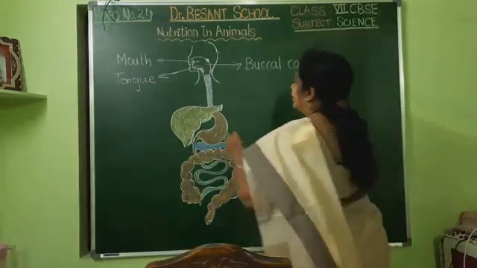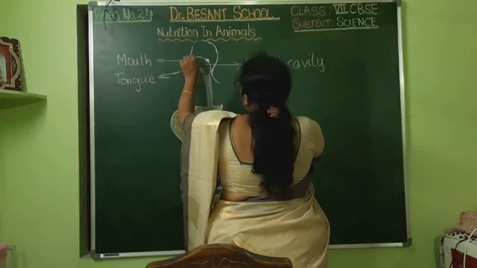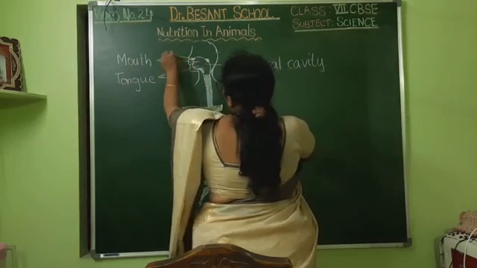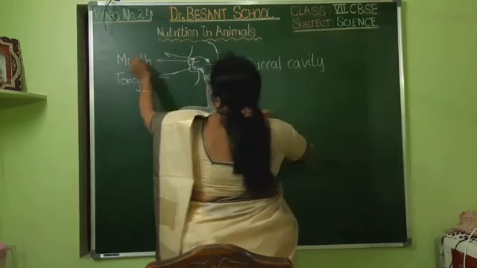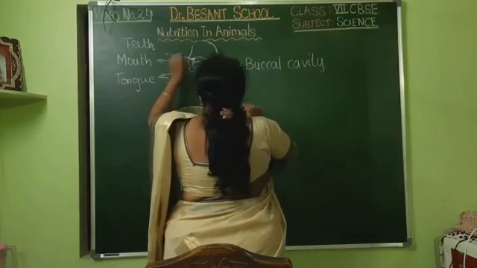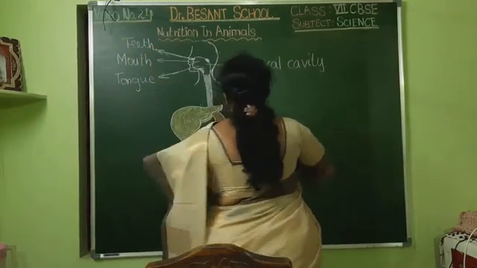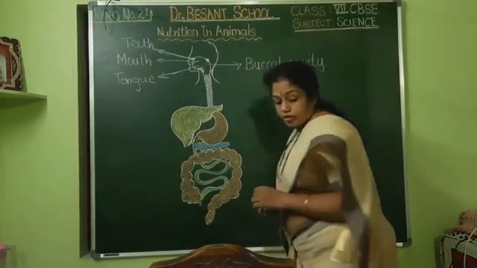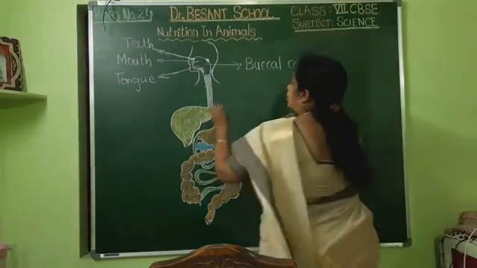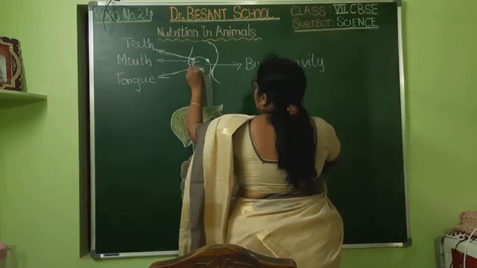Then we'll draw the teeth. Here I will show some teeth because we cannot see them from the side view, but you should know the teeth. That's why I'm showing teeth here. Next, you have got this part. What is that? The glands.